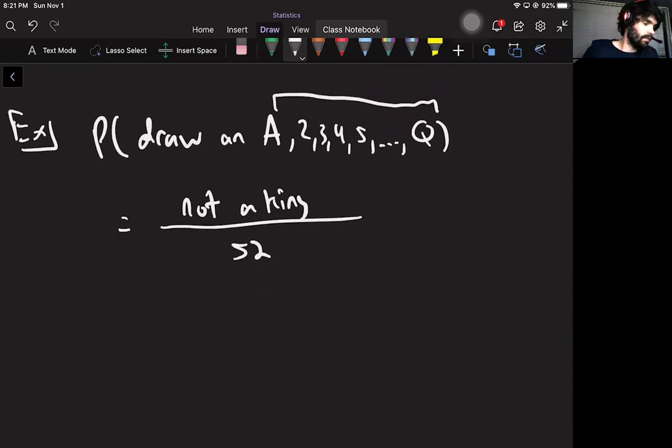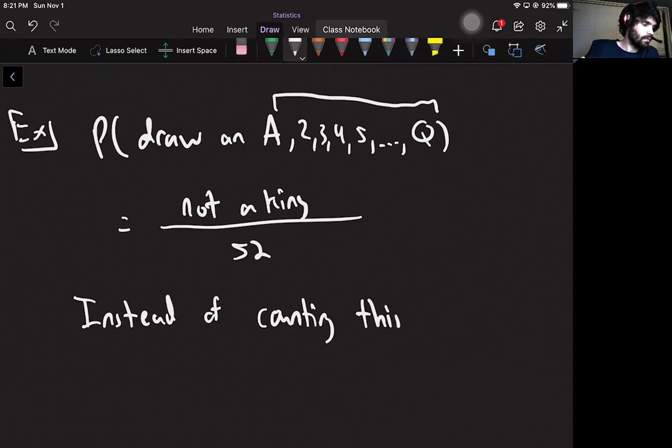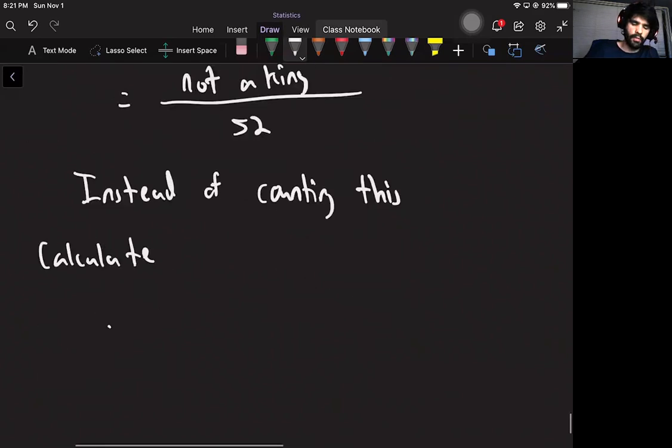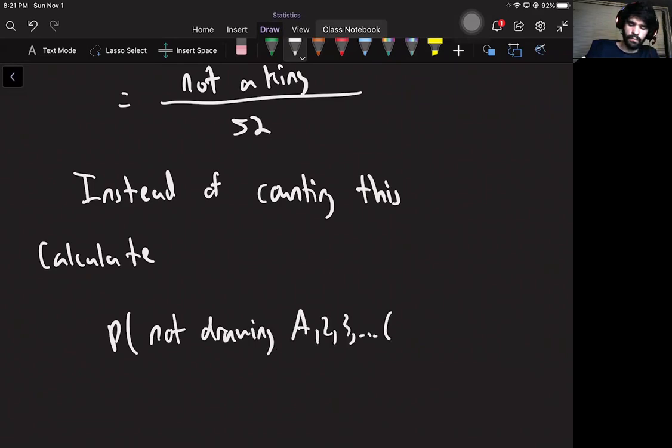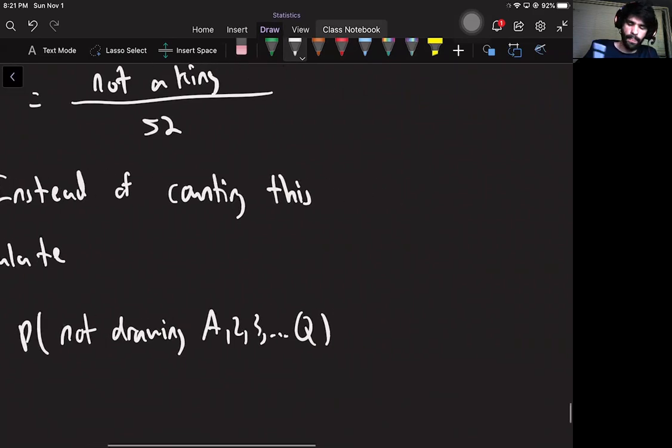So instead of counting this, we're going to calculate something a lot easier. We're going to calculate the probability of not drawing these things, which is the same as the probability of drawing a king.